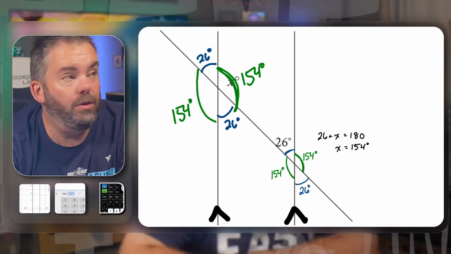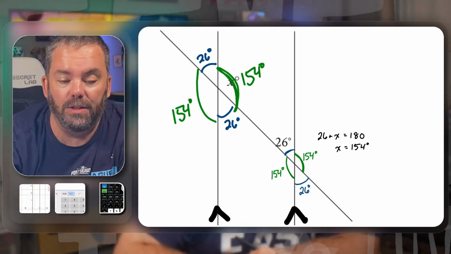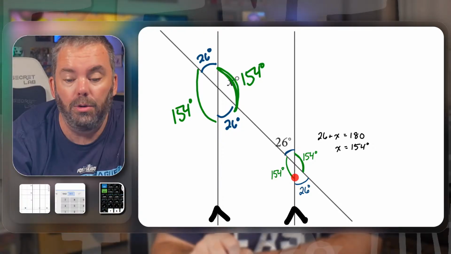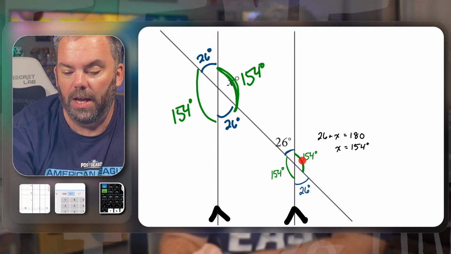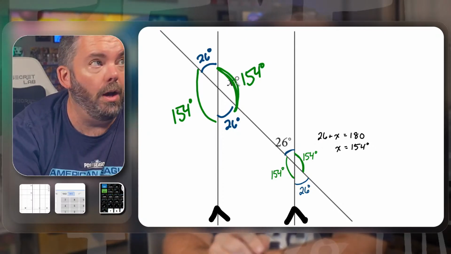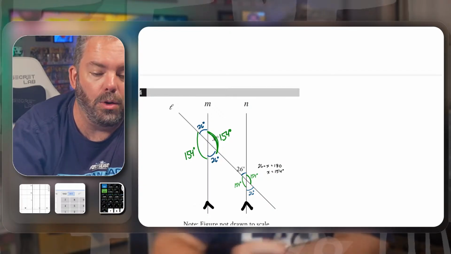Whenever you have two parallel lines cut by that third line, which we call a transversal, it creates literally parallel universes, where we've got a 154 here in the upper right, and here we got a 154 in the upper right. Everything matches up. That's what it means to be corresponding.